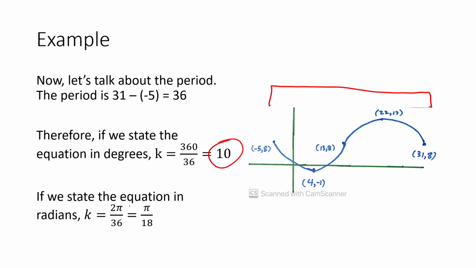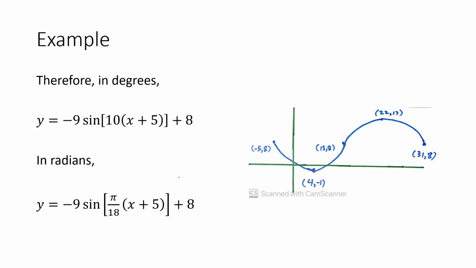If we state it in radians, k will be equal to 2 pi over 36, which will be pi over 18. So we have an option to state the equation in degrees, as shown here up top, and we have also an option to state the equation in radians down below, as shown there.